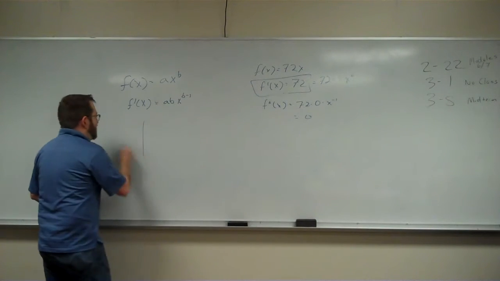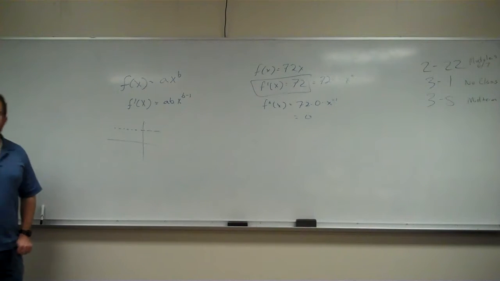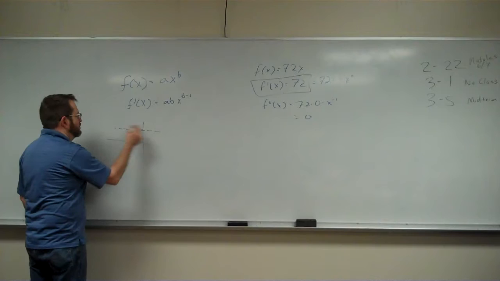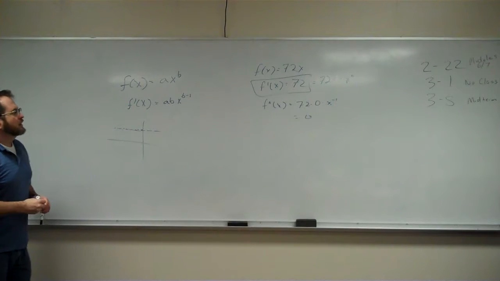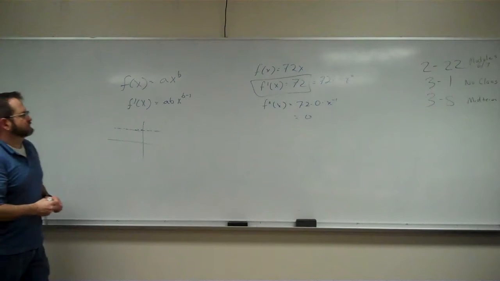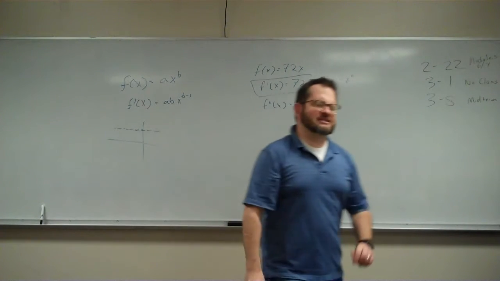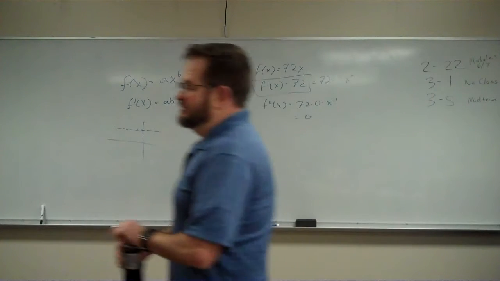Well, a graph of some constant like 72 is just something like this, right? At any value of x, the value of f of x was 72, so its slope is 0. Good question. Your book actually has a name for that. It was derivatives of constants law or something like that, but basically anytime you do the derivative of just a constant number, it's just 0.